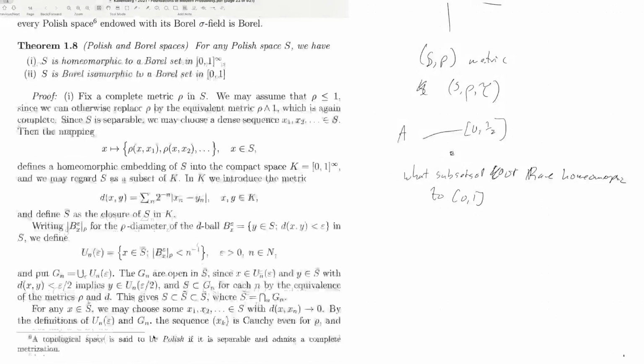Let's see what it says. A topological space is said to be Polish if it is separable and admits a complete metrization. I agree that the unit interval satisfies this.